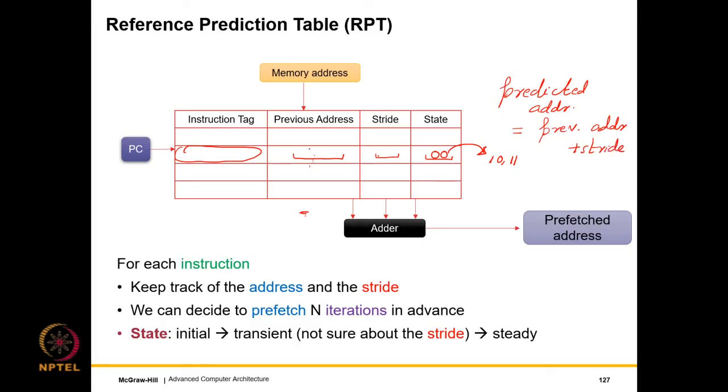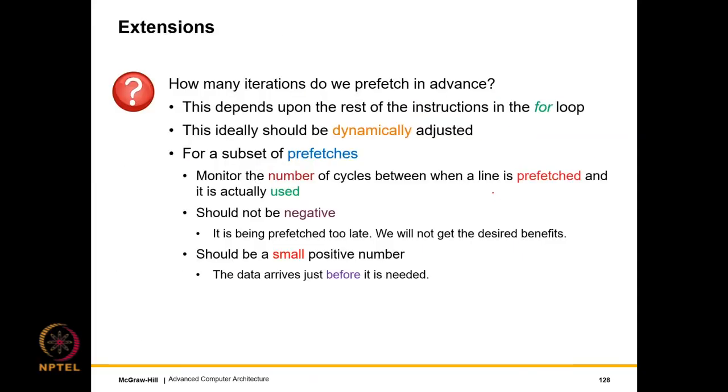So whenever we encounter this program counter, in the sense we fetch it and we see that the state is steady in the sense that we are following a strided access pattern, we just add. So the state is not added, but it only determines whether we will add or not. We add the stride to the previous address and that becomes the address we need to prefetch. Alright. So this basic piece of hardware will take care of most strided access patterns.